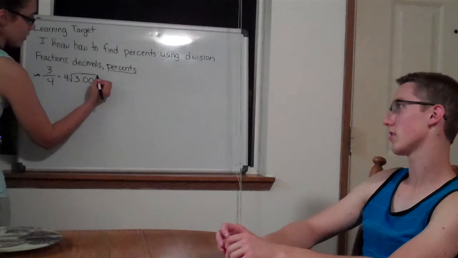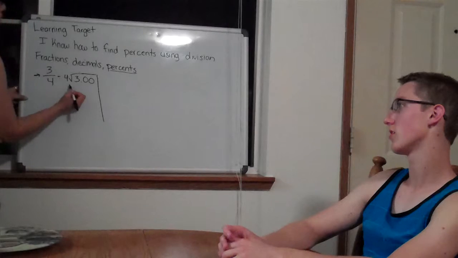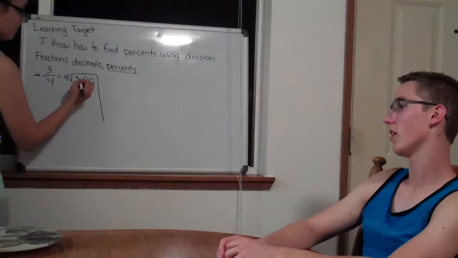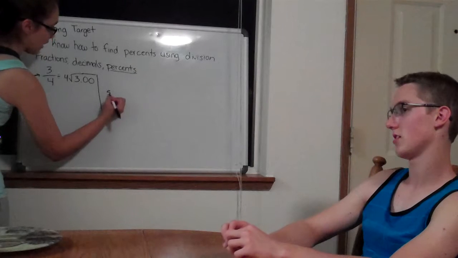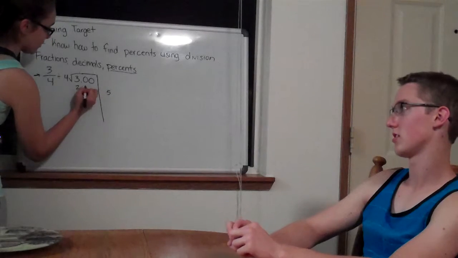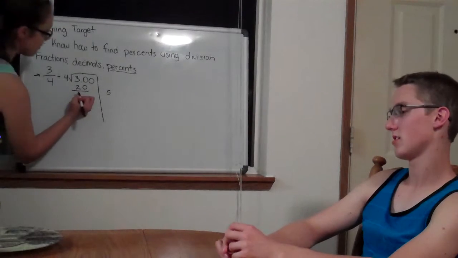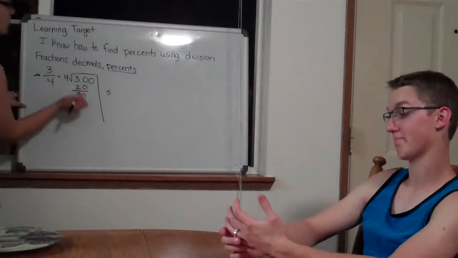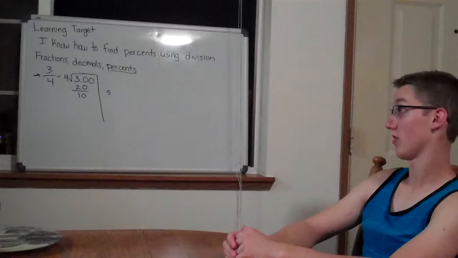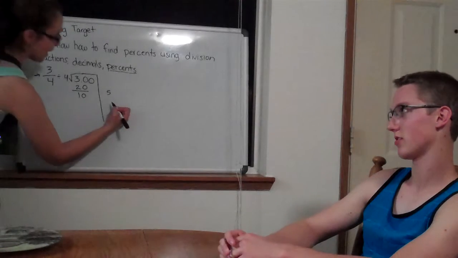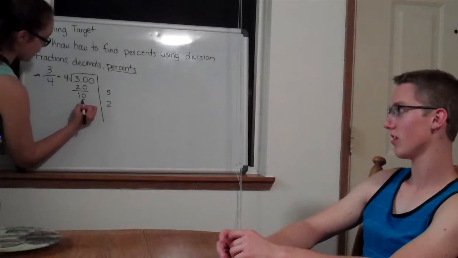Okay. We can also do it this way. 4 times what's a number? What's 4 times 5? 20. So 4 times 5 is 20. And what's 30 minus 20? 10. And how many times does 4 go into 10? Twice. 2 times 4 is 8.